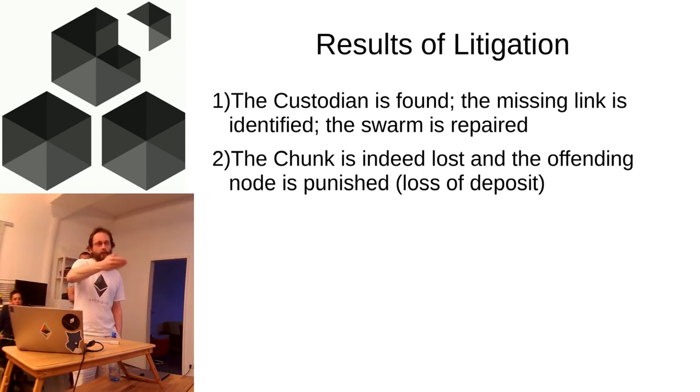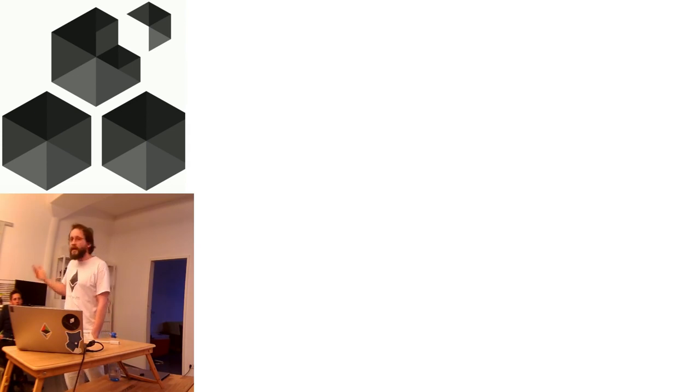Up until now, this could all happen off-chain, but if you issue these challenges as the retriever and you do not get the chunk ever, then you will issue the challenge to the blockchain. Somebody can still present the chunk to the blockchain as a last resort, but generally what will happen is that the responsible node would lose their deposit. So that's their strongest incentive against losing it. So that's Swindle.